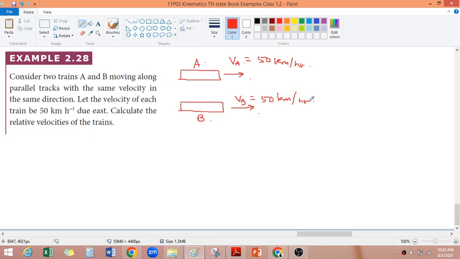Calculate the relative velocities of the trains. Very simple, the relative velocity is 0. Whenever both speeds are the same, velocity of A with respect to B is velocity of A minus velocity of B.